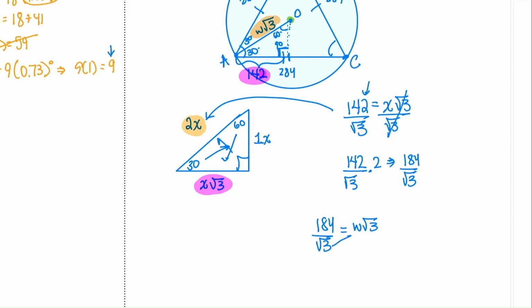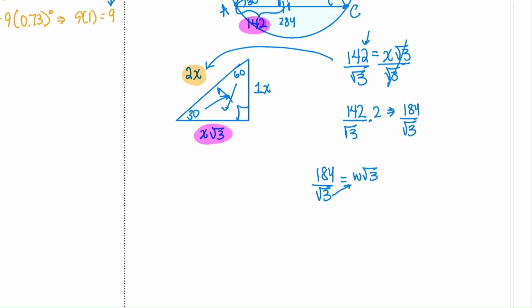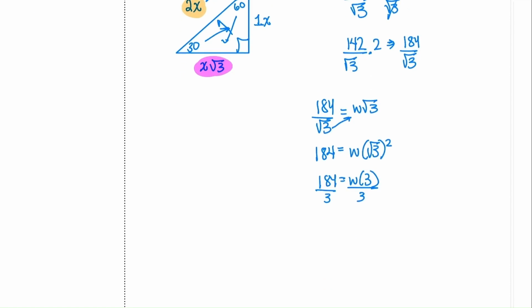We can multiply over our radical 3. So we get 184 equals w times radical 3 squared, which is going to be 184 equals w times 3. Divide both sides by 3, and that's going to give us a result.